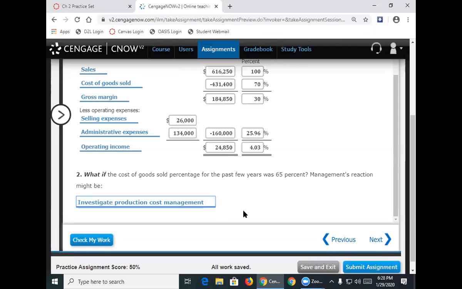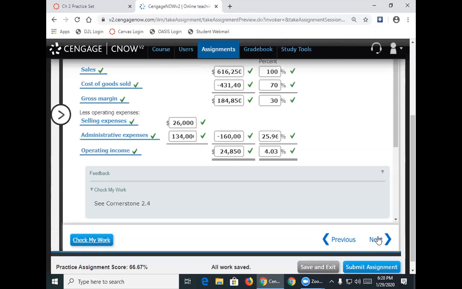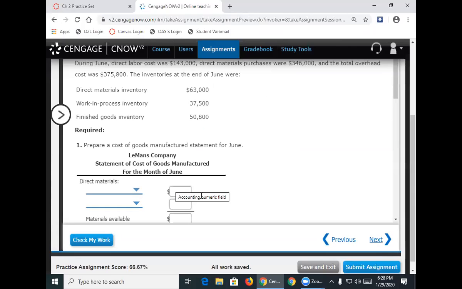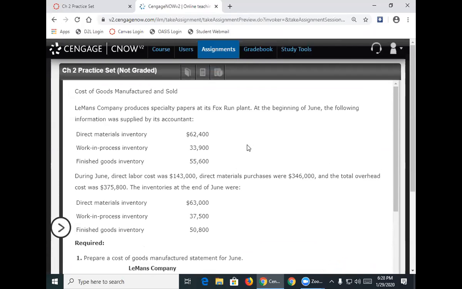All righty. Two left, four down, two to go, right? Cost of goods manufactured and sold. As you can see on this one, we're really just going through and doing another example. We just have new information. LeMans Company produces specialty papers at its Fox Run plant.